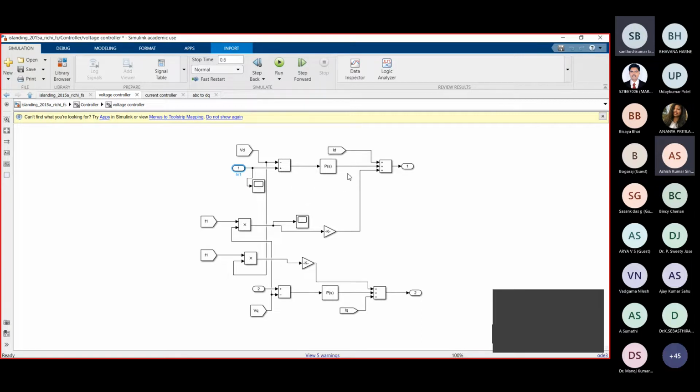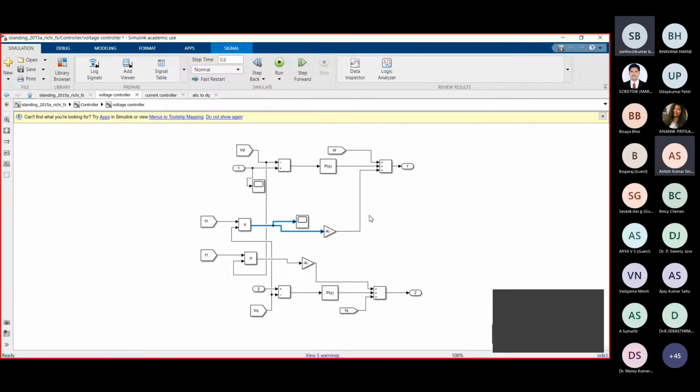Then I'm using a PI controller, and I explained in the previous slides how to design the KP and KI values. And this ID is the decoupling term. I explained clearly in the PPT why we are doing the decoupling.